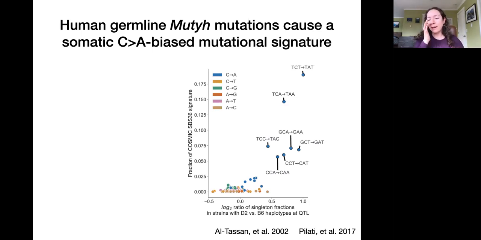And what I'm showing you here is a correlation between our BXD singleton loading ratios and the composition of a COSMIC mutational signature called SBS36, which has been recorded from somatic mutations in these patients who have pathogenic germline MUTYH mutations. And again, it's quite a good match.